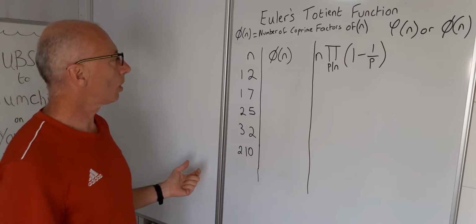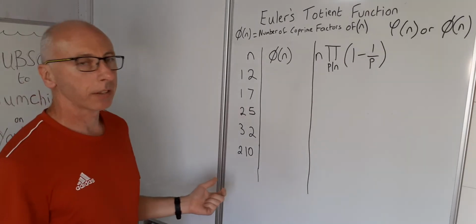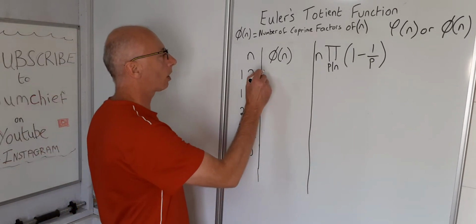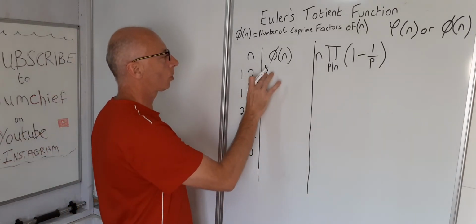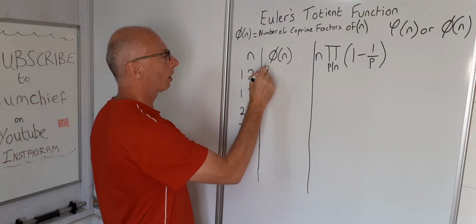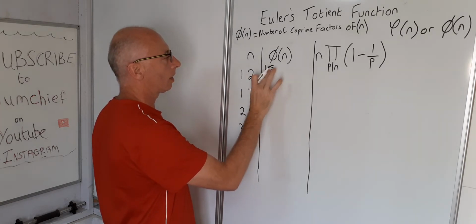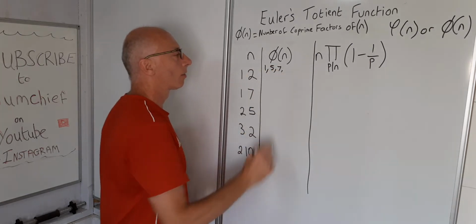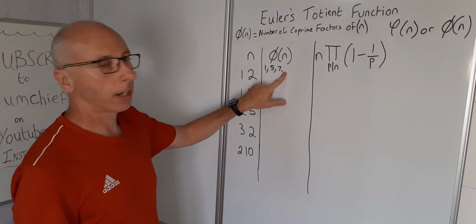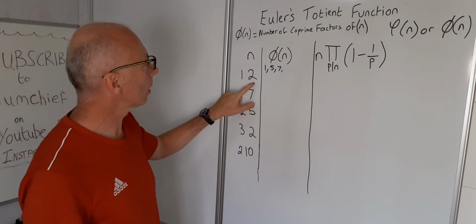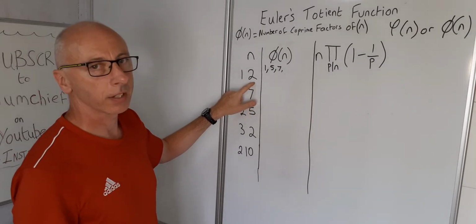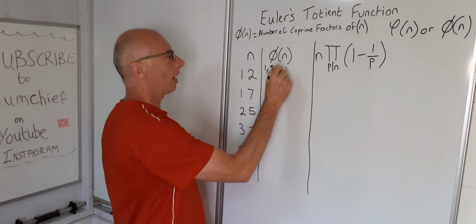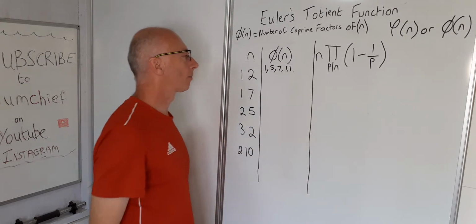So first of all, let's show you the basic method, that's the iterative method. If we start with 12, the coprime factors of 12 are 1, then 2 and 3 and 4, no good. 5, that doesn't go into 12, 6 does, 7 doesn't. 8 has a prime factor of 2, so that doesn't count. 9 has a prime factor of 3, so that doesn't count. 10 the same, and that leaves us with 11.